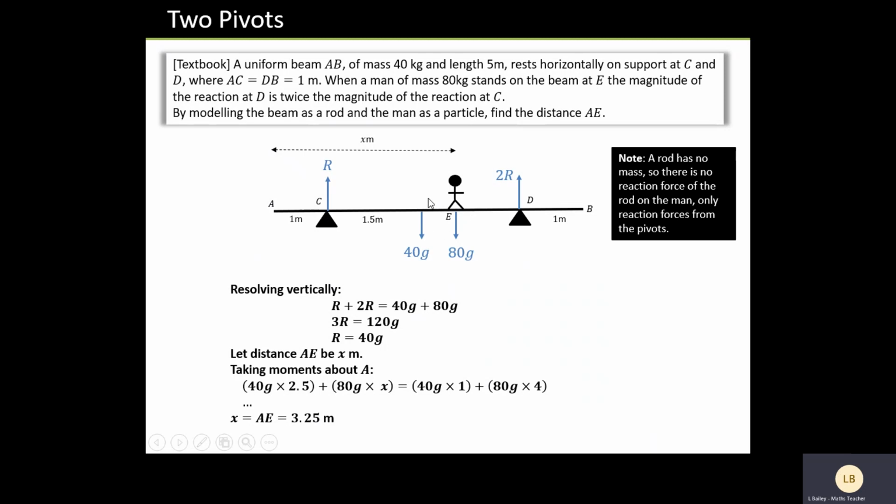I've got the man whose mass is 80G. The distance away is x, the distance from A to E. That's the only unknown. So I've got an equation there. I've got one unknown. So all I need to do is rearrange and solve the equation to find out what that missing distance is.